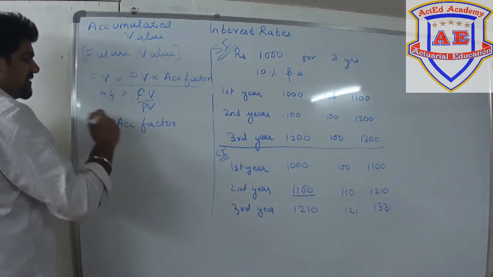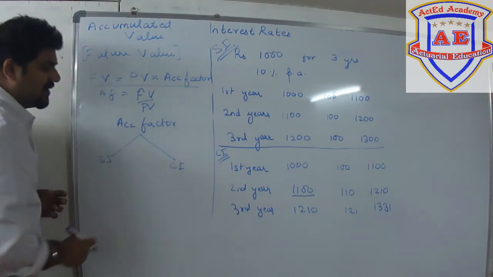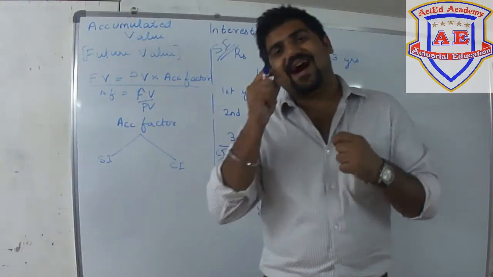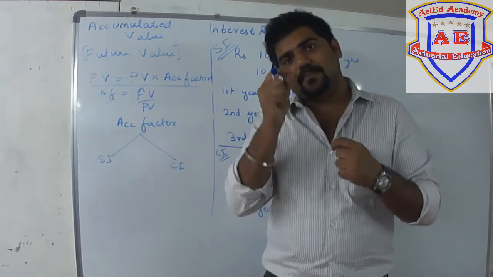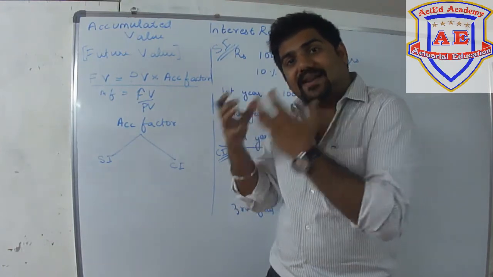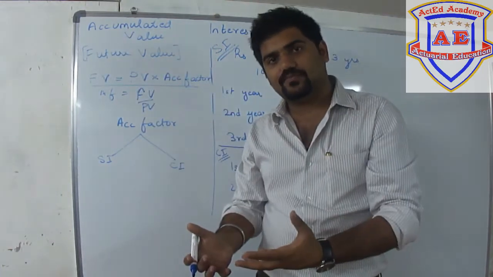It is different for simple interest and compound interest. Accumulation factor means the numerical value with which I need to multiply my present value in order to get the future value.